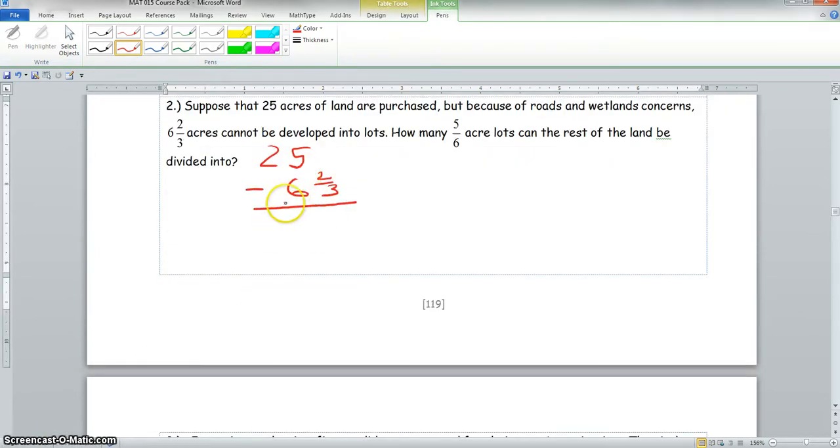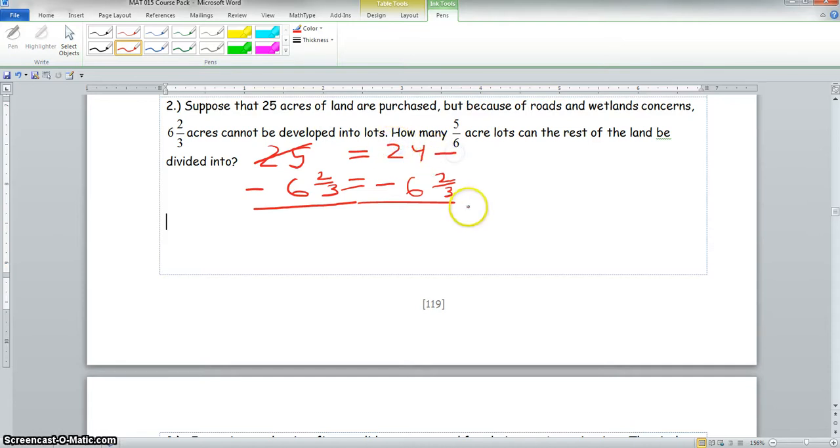Now, as I showed you in class, we have a whole number minus a mixed number. And we know we have to borrow 1 from that whole number. So first of all, we will bring over that mixed number. There's nothing we can do with that. So now with the whole number, we know we will borrow 1 from 25. That would give us 24.